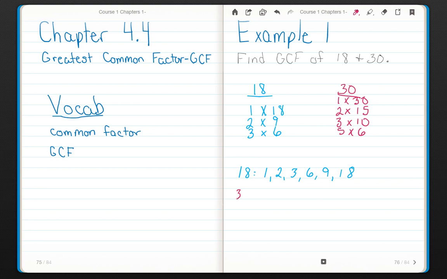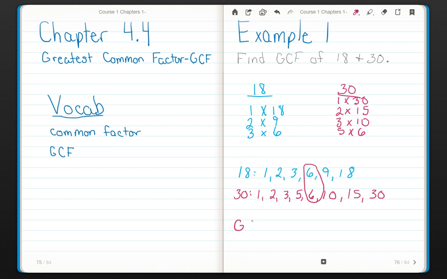So the factors of 30 then are 1, 2, 3, 5, 6, 10, 15, and 30. So my common factors are 1, 2, 3, and 6. But my greatest common factor is the largest of those, which is 6.